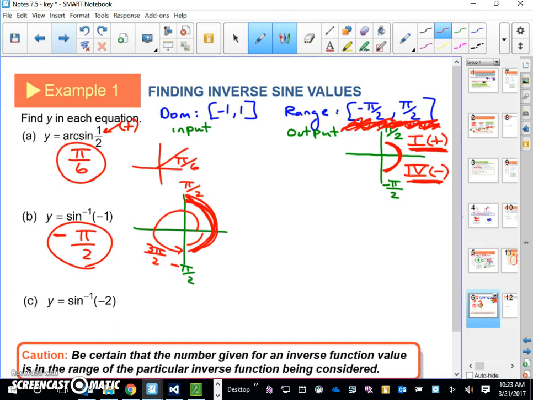That won't always be the case because all of the trig functions won't have negative answers. It's impossible. Okay? That one is. So the what, I get the pi over 2 from the chart, and the where, I know this is in the fourth quadrant. That negative right there tells me that we're going to be in the fourth quadrant. And I know I can have a negative answer in the fourth quadrant. Negative pi over 2. Okay.